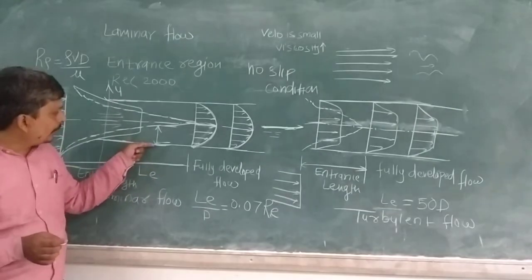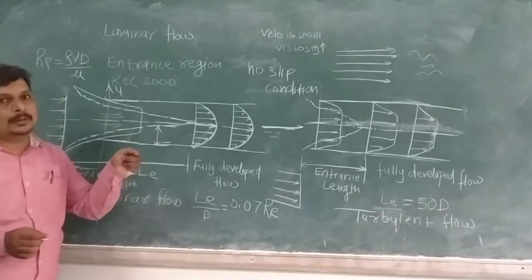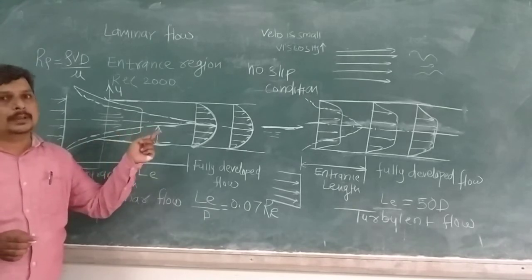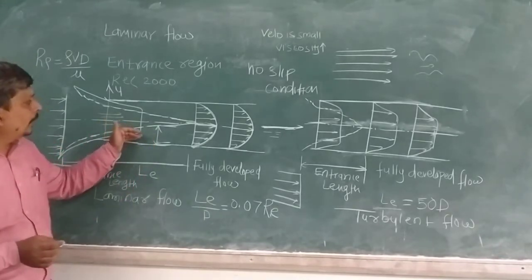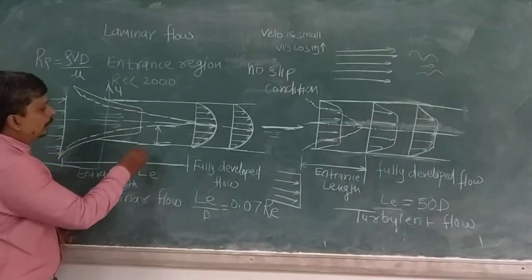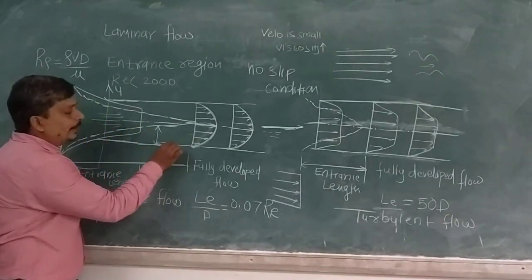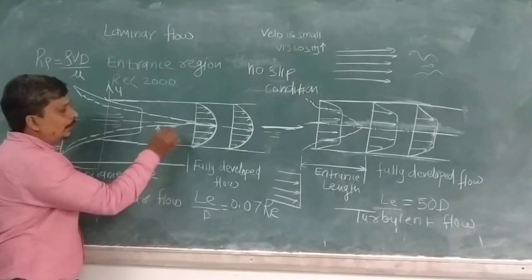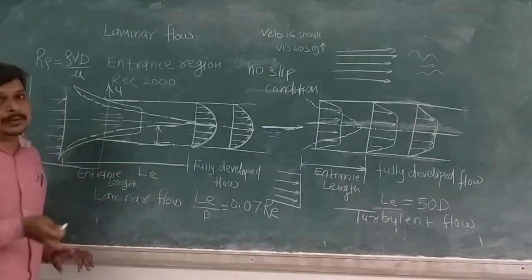So the stationary fluid will oppose the motion of the other fluid. That means there is a retardation of the flow, and the velocity will be 0, and this opposes the flow because of the viscosity.